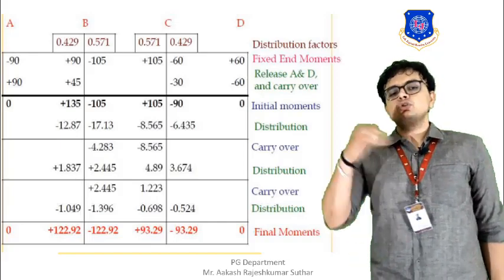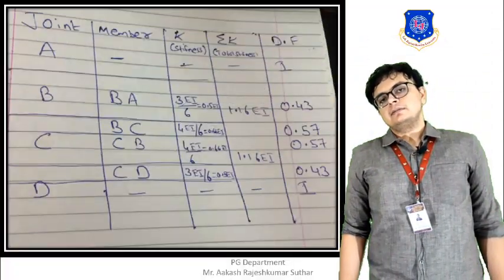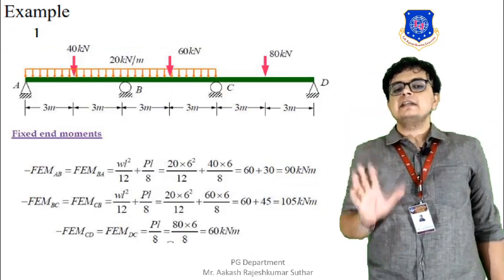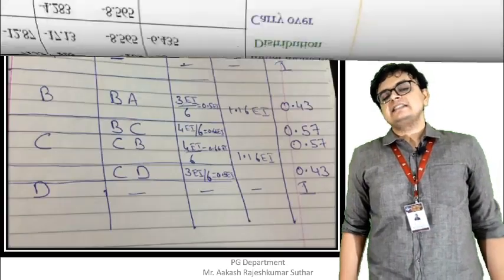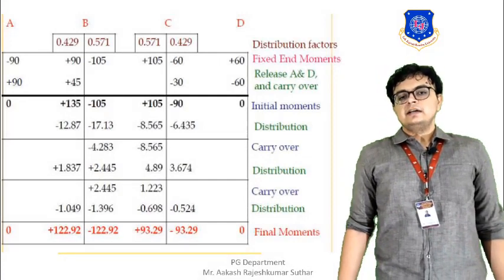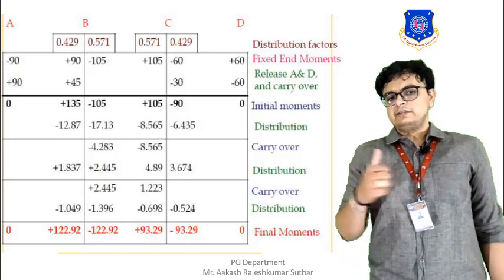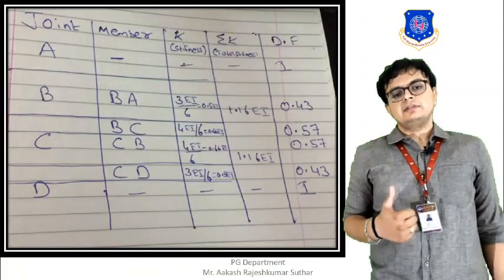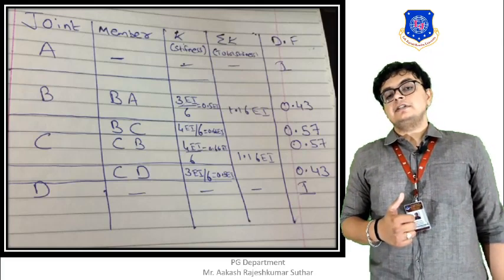At the top, you should write the joints, and in our given example there are 4 joints: joint A, joint B, joint C, and joint D. We write those joints at the top, and in the next row below, there will be the distribution factors which we found in the previous session.